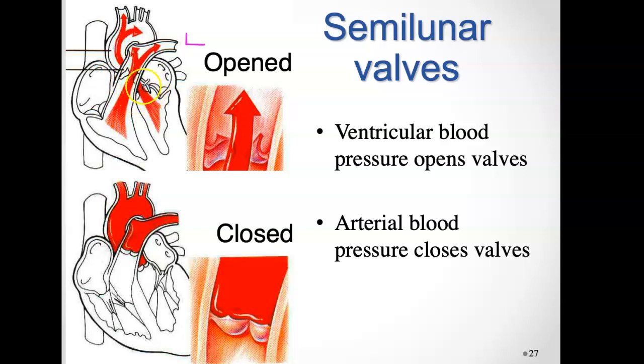So right here is another semilunar valve. Now we're ejecting blood out of the ventricles. We squeeze that blood coming out of the ventricles, and the pressure of that blood is going to force open these semilunar valves. And blood will shoot out in the direction that it needs to go, either to the lung or, we'll make a B here, for the body.